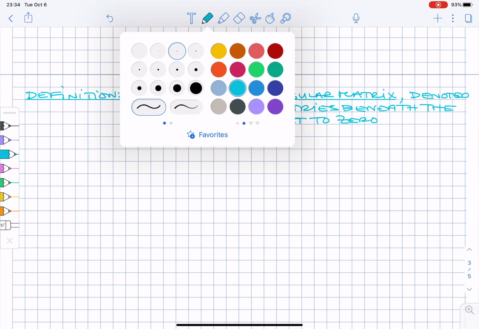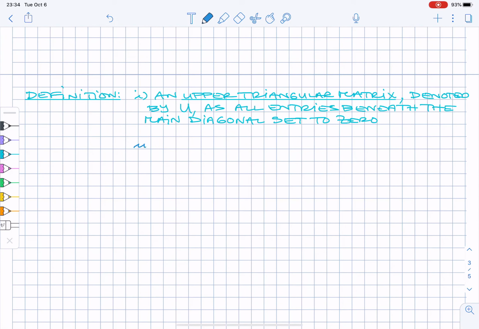And definition number 2 would be a lower triangular matrix. So a lower triangular matrix denoted by, you guessed it, a capital L. Oh, that's supposed to say has, not as.